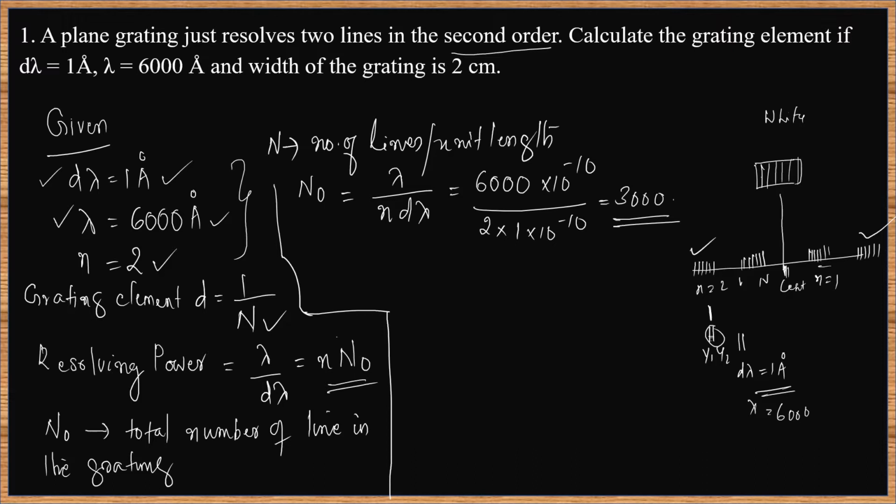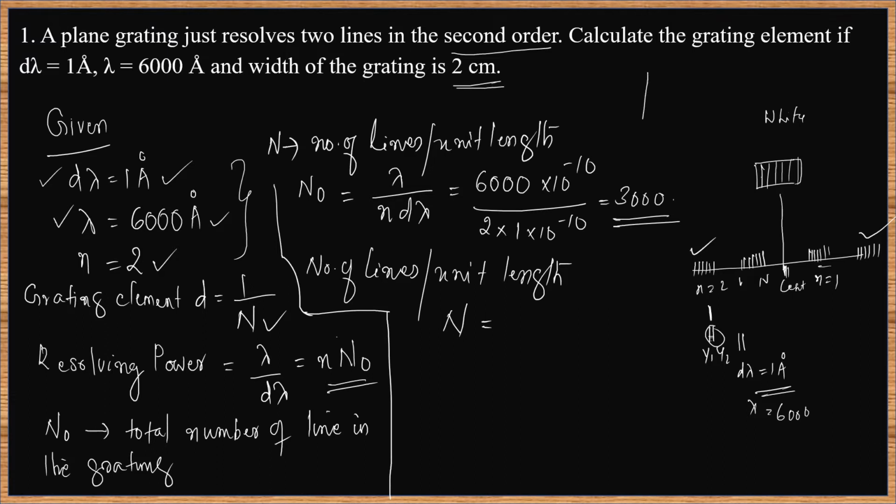Right? So we need to find the value of the grating element. We need to find the number of lines per unit length, n. How can we find it? From the question we have the total width of the grating, that is 2 centimeter.